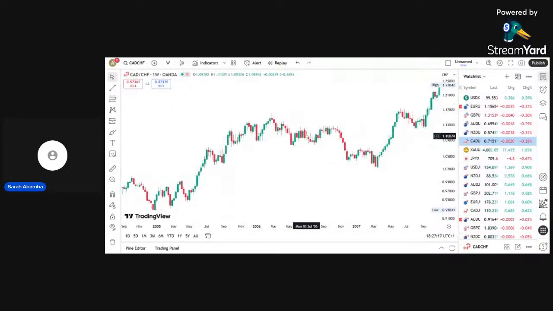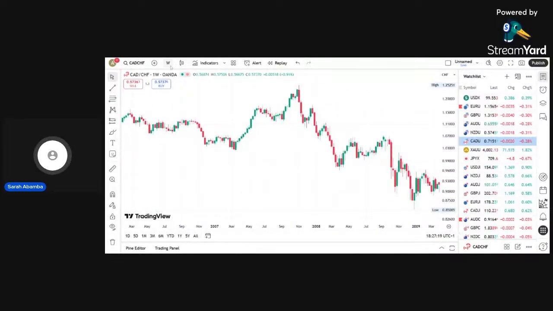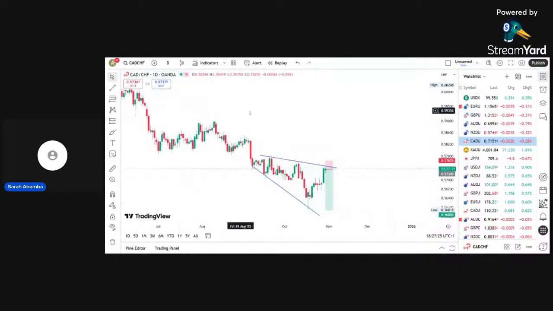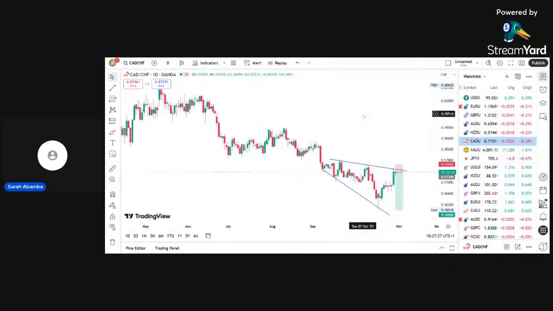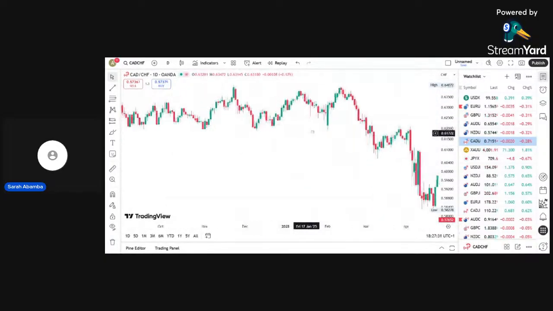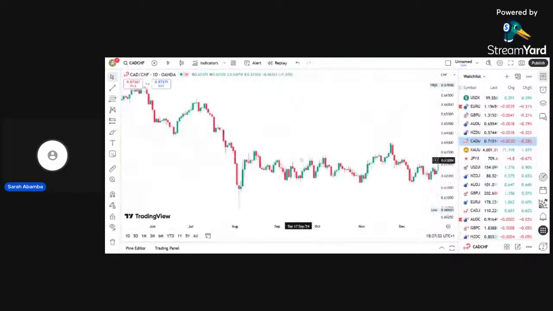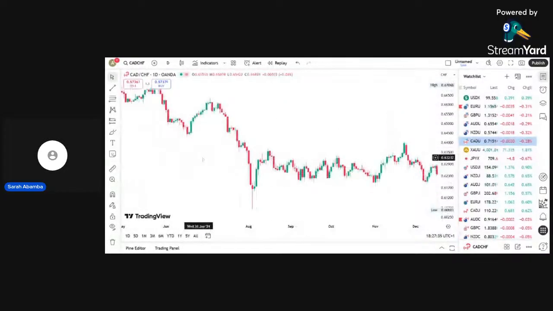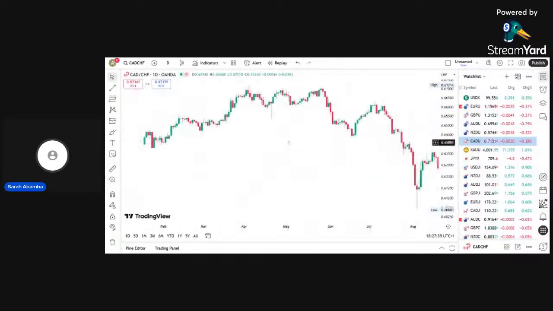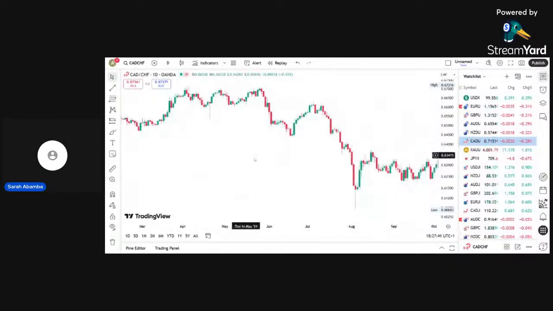Let me look for it in smaller time frames. I'm looking at the doji. I've seen one, so let me highlight it.